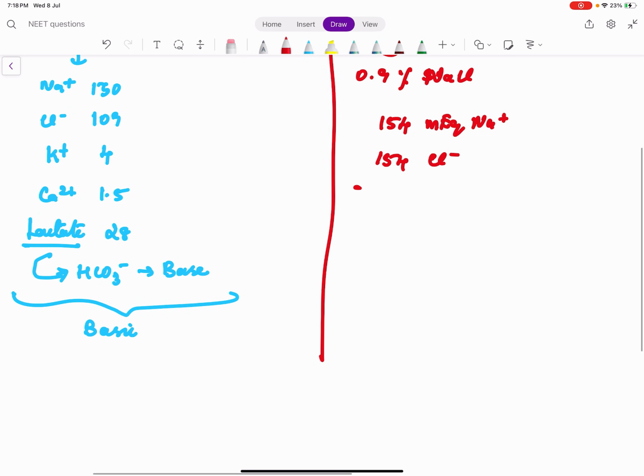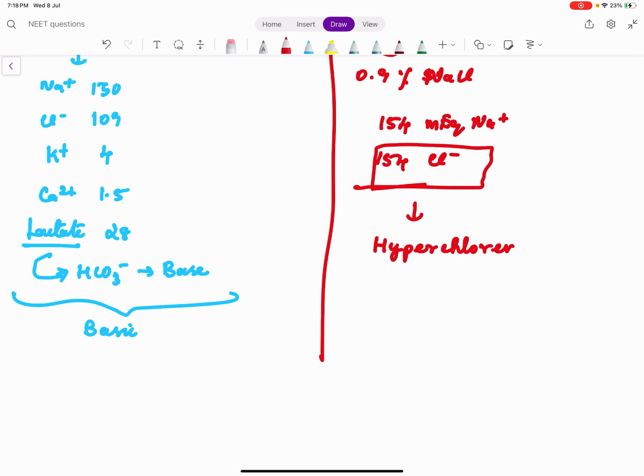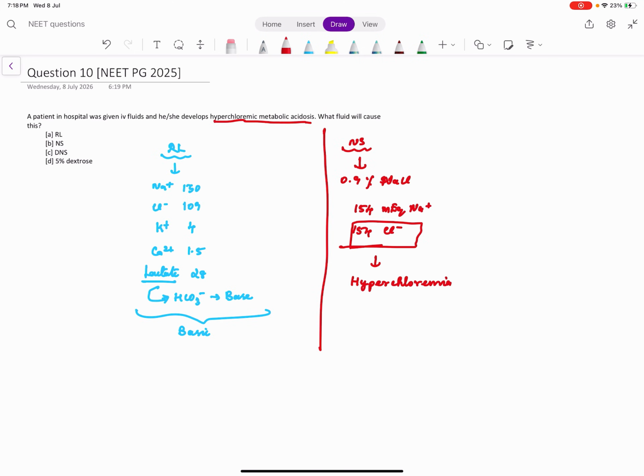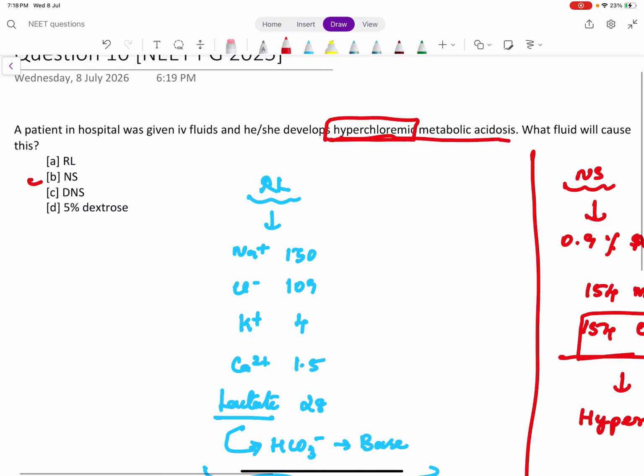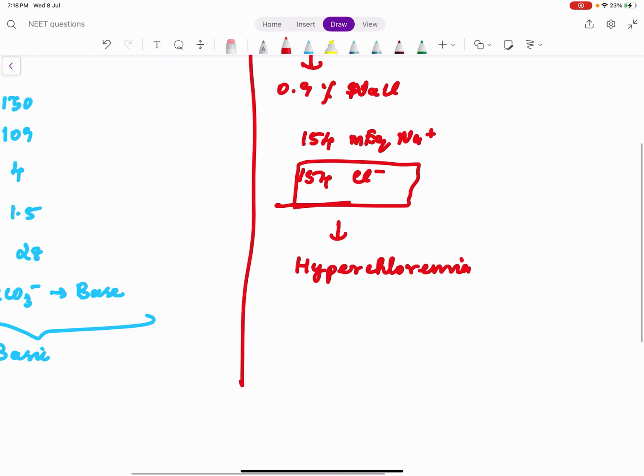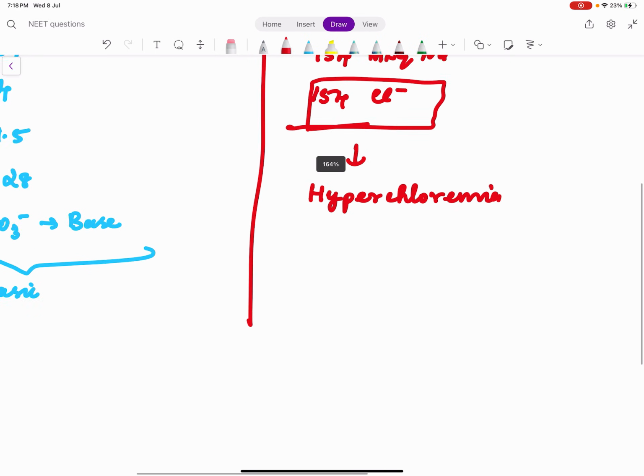What happens when you give such a large amount of chloride? It leads to hyperchloremia, obviously. So if you are not able to decode this question, just by the word hyperchloremia you can say the answer is normal saline. We'll just discuss the mechanism.